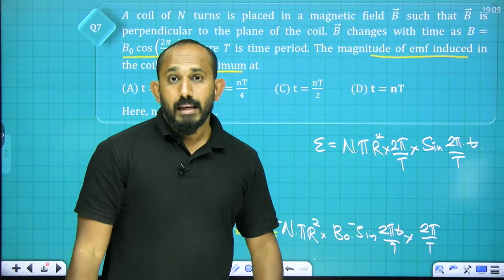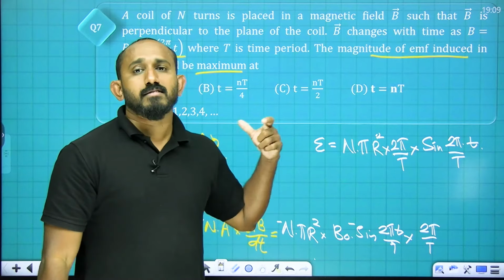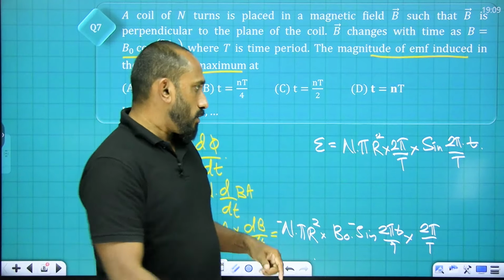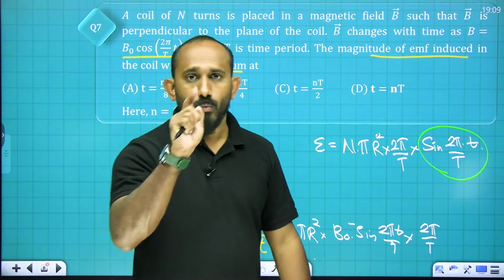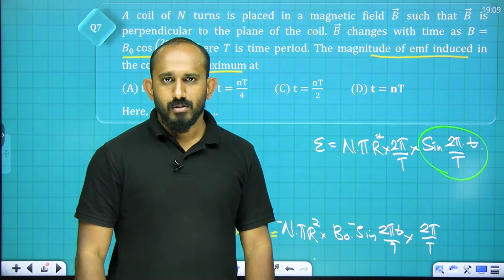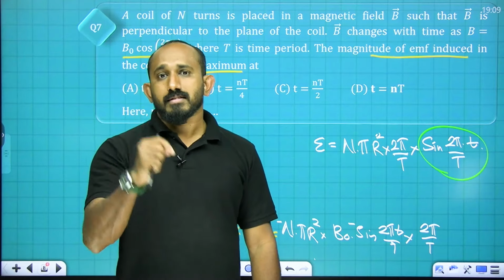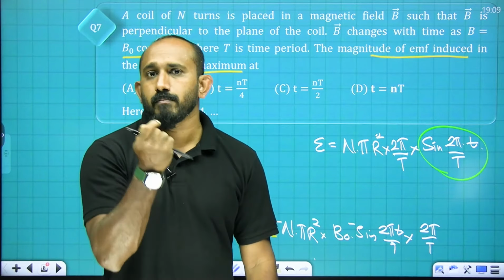That is E. Now the maximum value E0 will be when this sine value should be equal to 1. Yes or no? That is 1 only when sine 90, sine pi by 2 is 1.